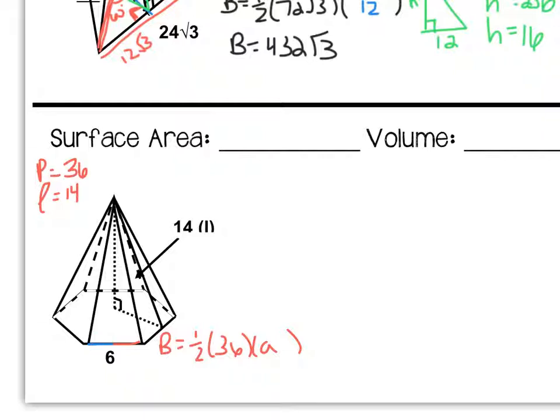for me. So that's going to be 3, and then that means my apothem will be that times square root of 3, so 3 square root 3.